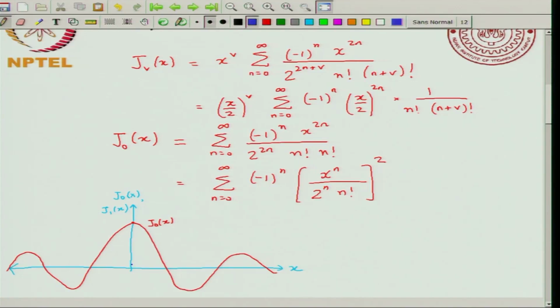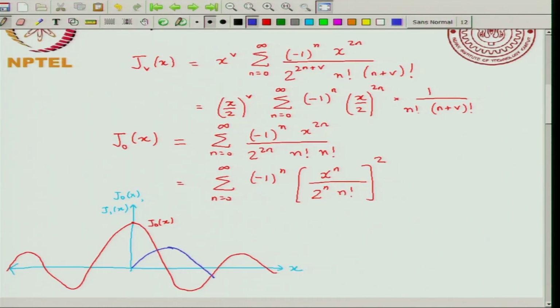In this case you have a slightly different function, with a leading term of x raised to 1. So this goes to 0 when x equal to 0, and it has a slightly different functional form. I will just draw this, but it is also oscillating.